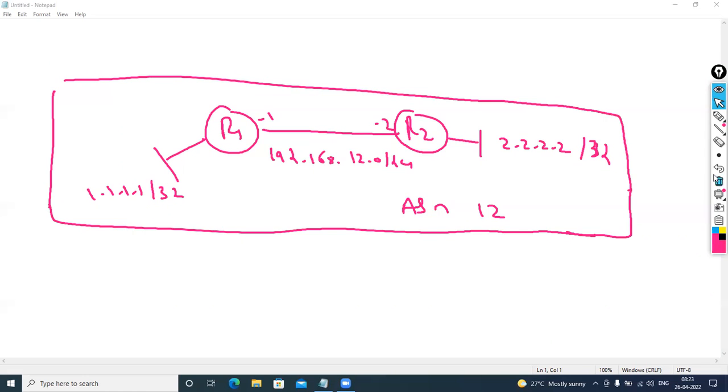Okay, right. Okay. Done. Topology noted. Done.